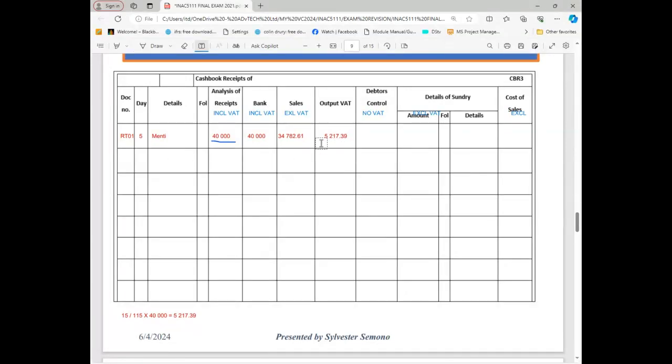The only thing that is remaining here is to find what? Cost of sales. Please always make sure that you calculate cost of sales last, because most students make mistakes. Remember, cost of sales can only be calculated by using the sales.